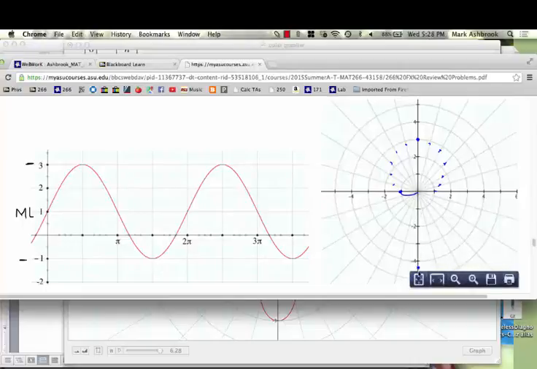So 3 pi over 2, where's -1? Here. And then in the fourth quadrant, we're starting at -1, and as the angle increases, we're going to go back through 0, and then when we get to 2 pi, it's going to be back at 1. So first it's going to go from -1 to 0, and then increase positively out to 1. So it's this.